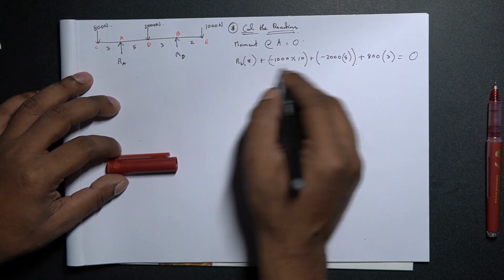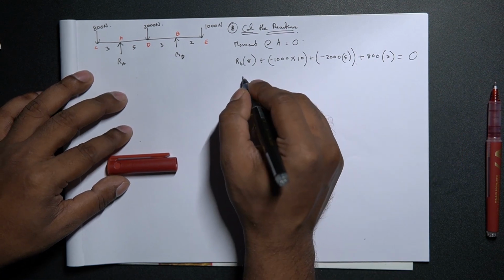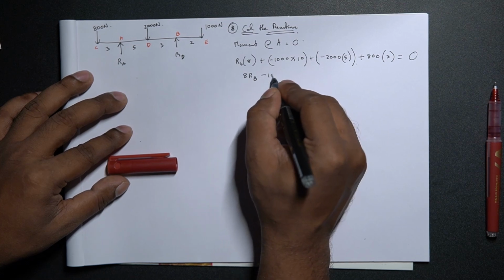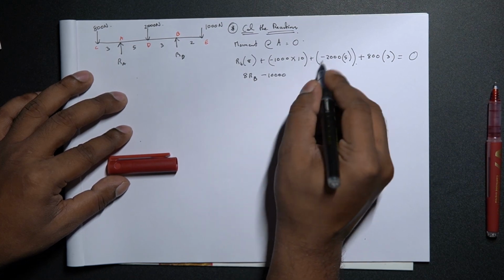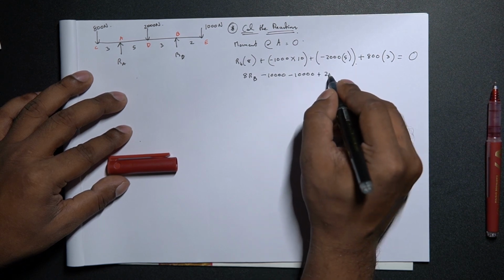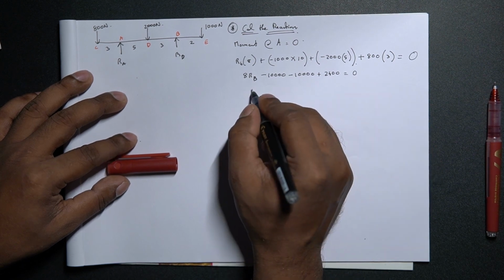So in that case, we converted the minus into plus over here. So we'll be left with 8 RB minus 10,000, again plus and a minus, minus 5 times 2000, that is 10,000, plus 2400 equals 0.